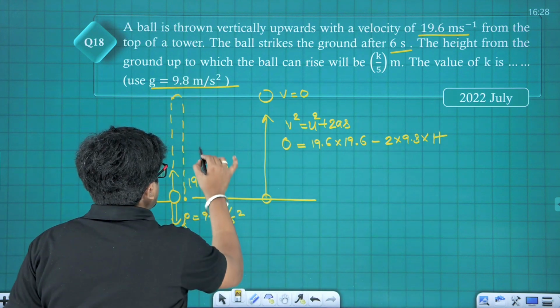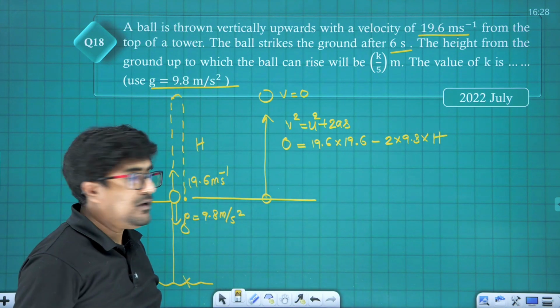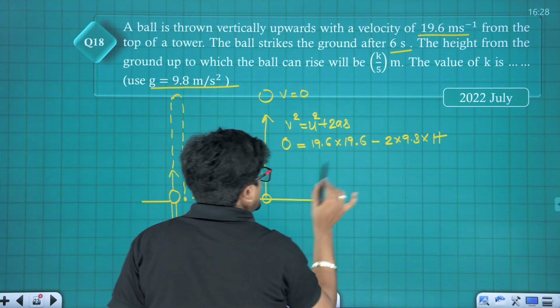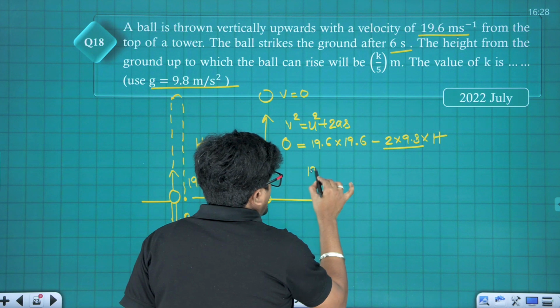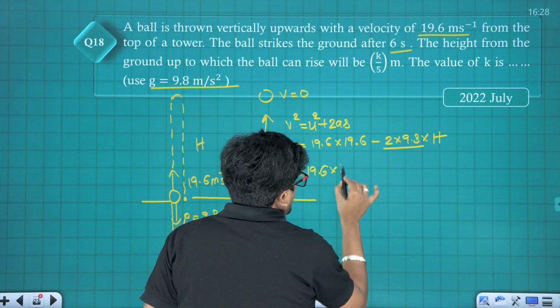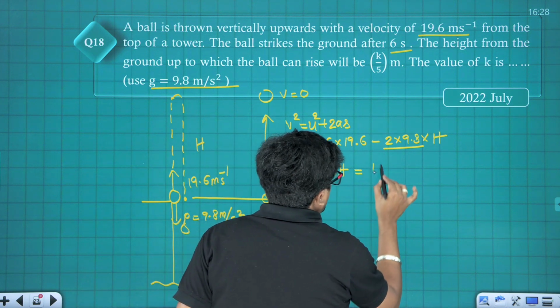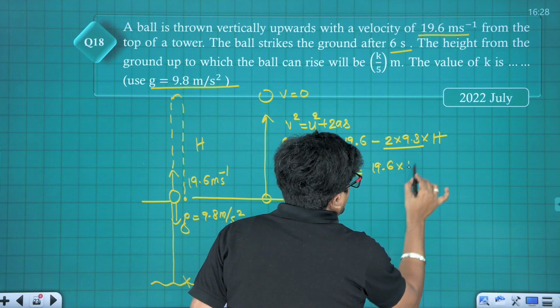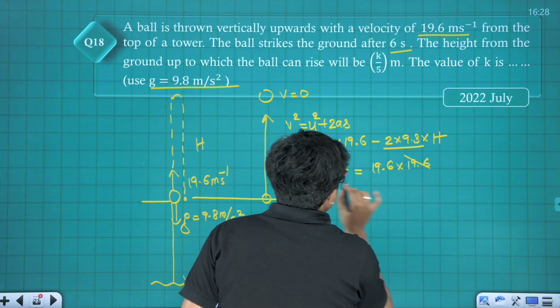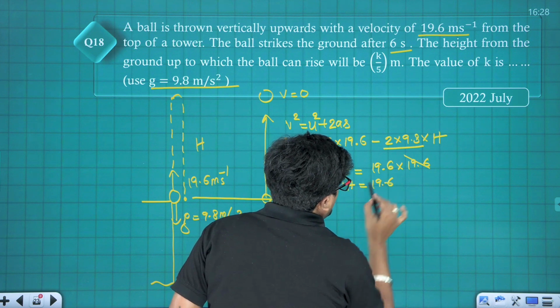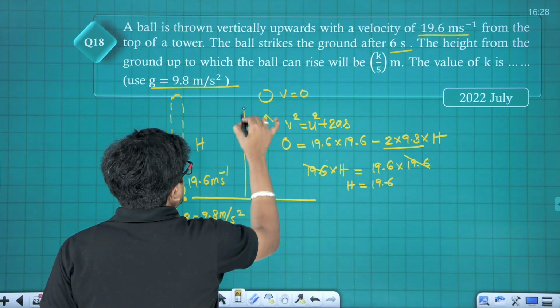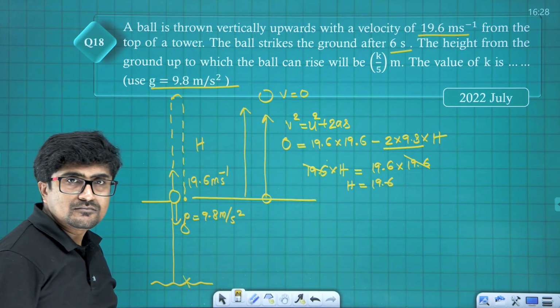This height I am marking as h. Rearranging towards the left, 2 into 9.8 that is 19.6 into h, is equal to 19.6 into 19.6. This one and this one will cancel each other. So h is equal to what? 19.6. That means from here to here it is 19.6.